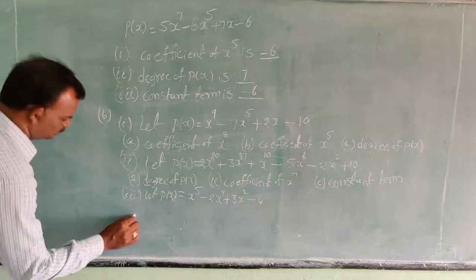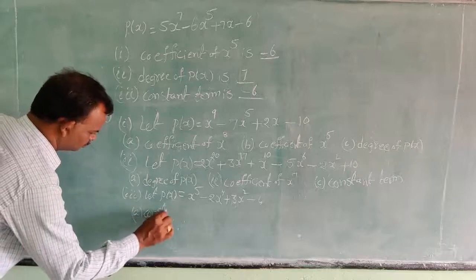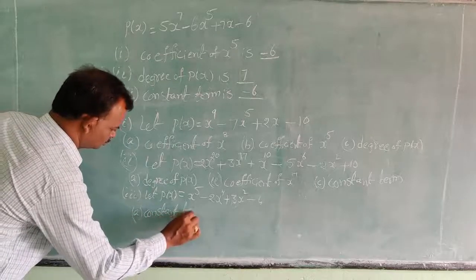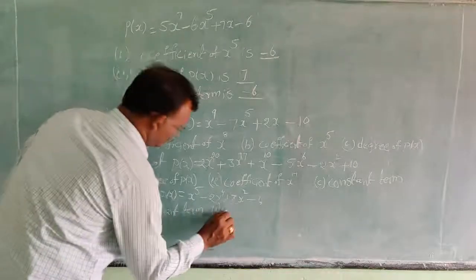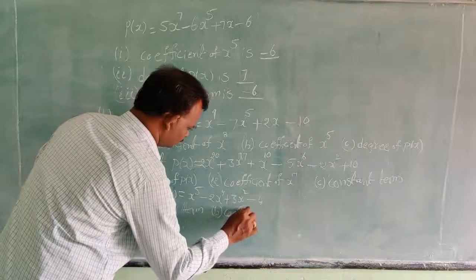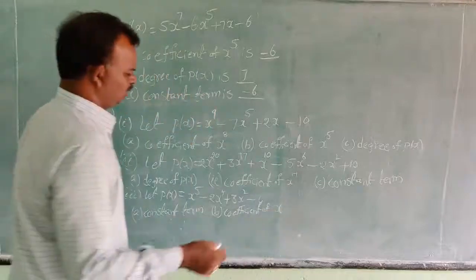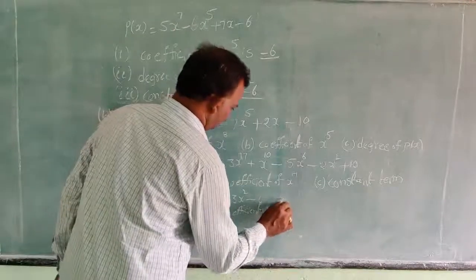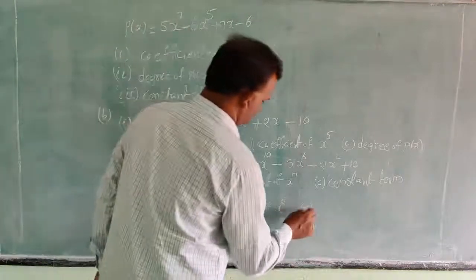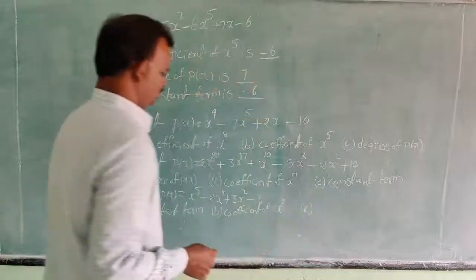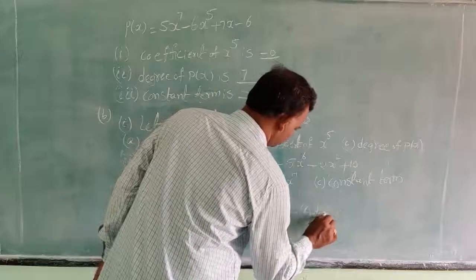Here the questions are: first, the constant term; second, the coefficient of x^2; and third, part (c), the degree of the polynomial, that means the degree of p(x).